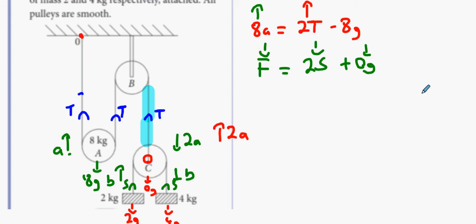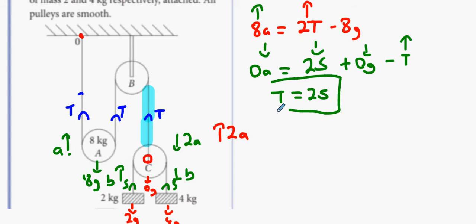It's being supported by T going upwards. T is negative because it's in the opposite direction. So this means that F will equal 0a. And then quite simply transfer T over and we get T equals. So that's equation 2, and this one is equation 1. We have 2 equations so far.